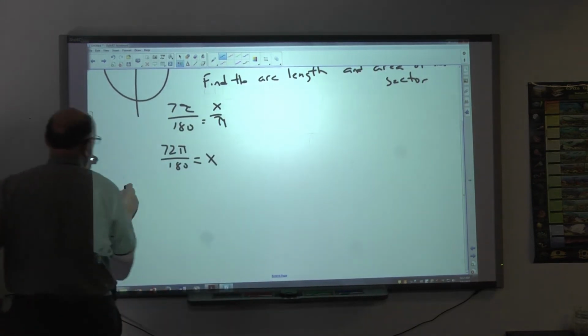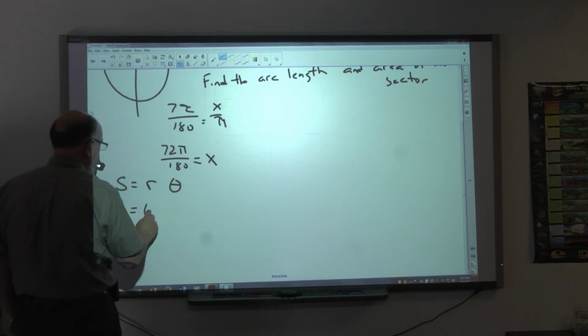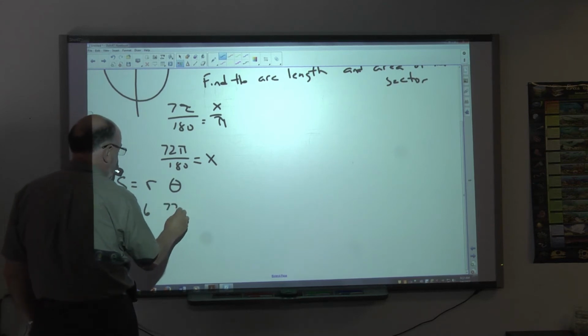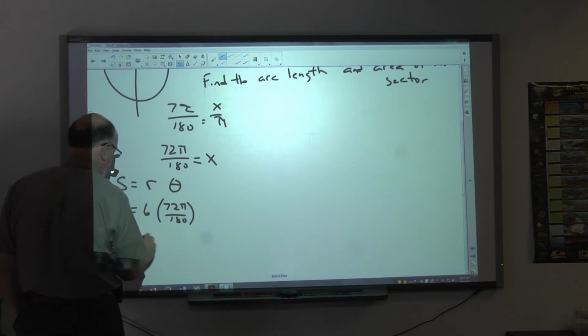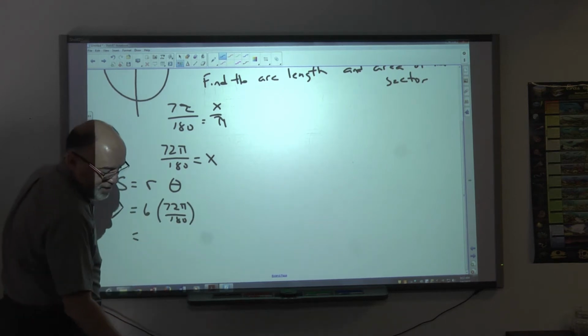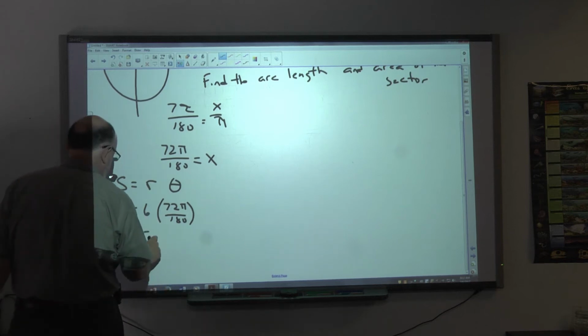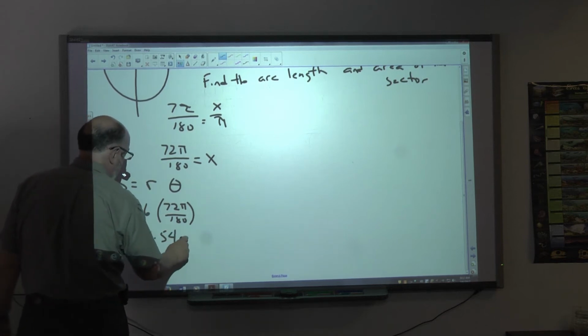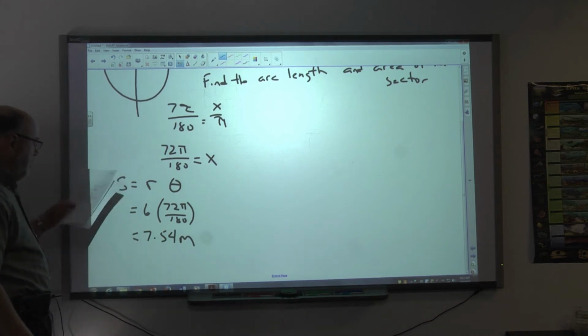So S equals r times theta. So this is going to be 6 times 72 pi over 180. And you plug that in, you end up with 7.54 meters. Right? So that's the arc length.